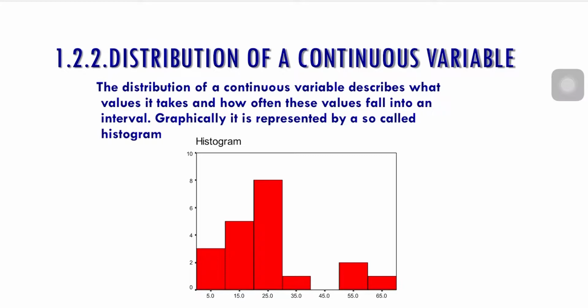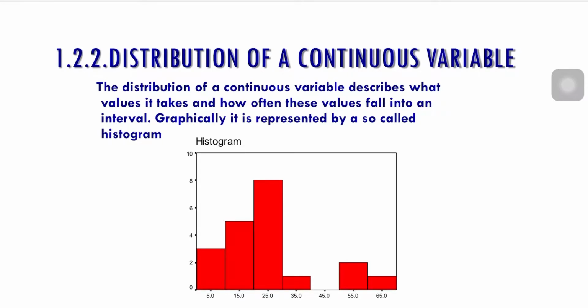The distribution of the continuous variable usually speaks about how often the variable falls into an interval, and we always set this interval and show it in graphical form in the histogram.